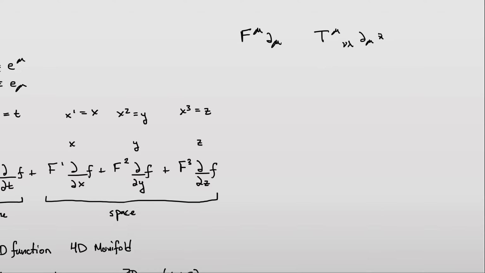So its basis is actually going to be dx mu and then dx nu, or lambda. Right, so in some sense, these guys are the bases for our covariant space, and this guy is the basis for our contravariant space.